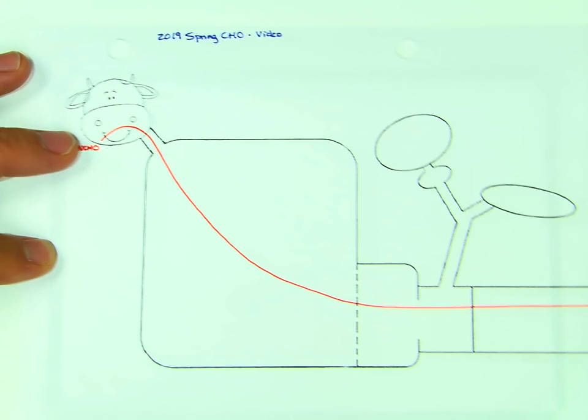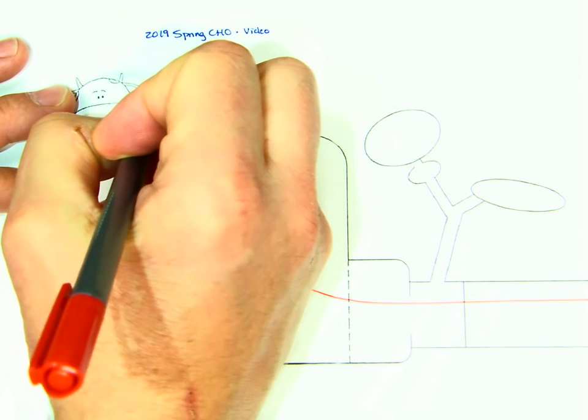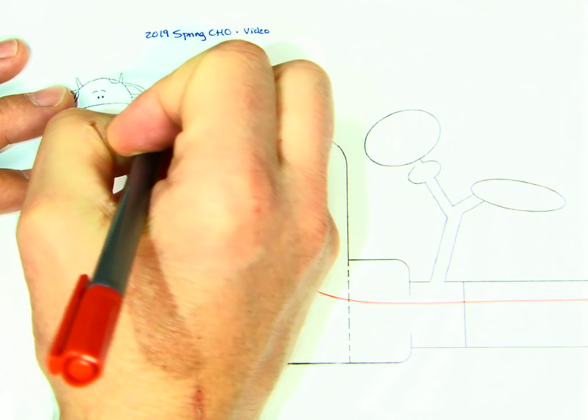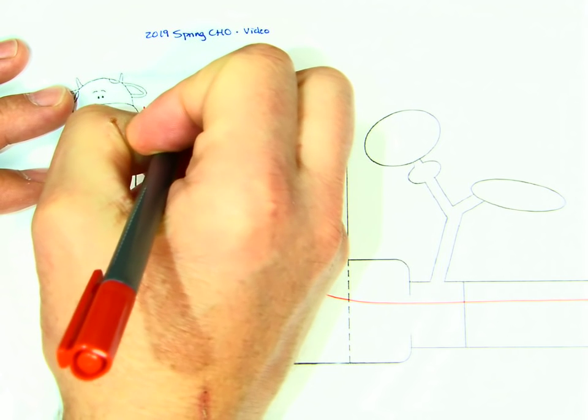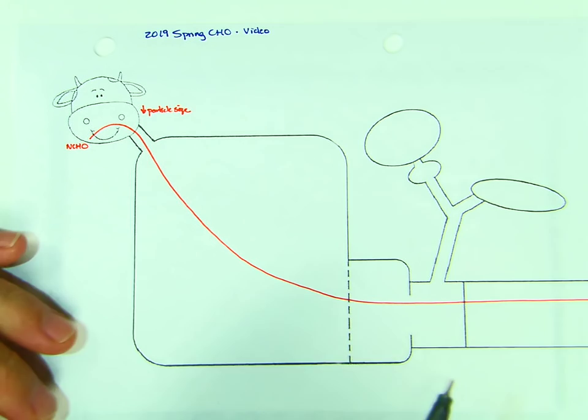Okay, and in the mouth, like always, we're going to have a decrease in particle size. We'll come back and talk about saliva here after a second, or after a few minutes.